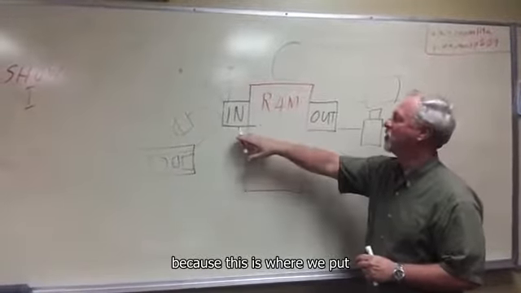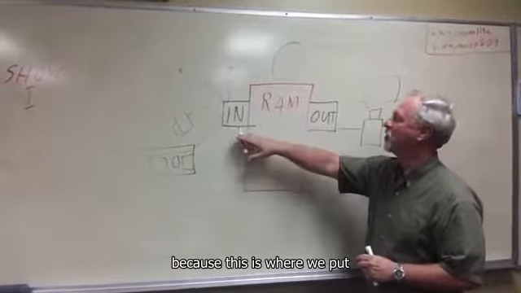We call it addressable memory because there's little tiny cubby holes where there's an address, and we put information into that address of memory, and we retrieve the information from that address of memory.